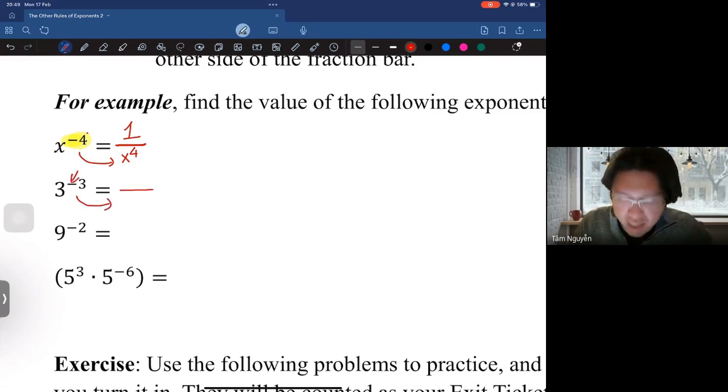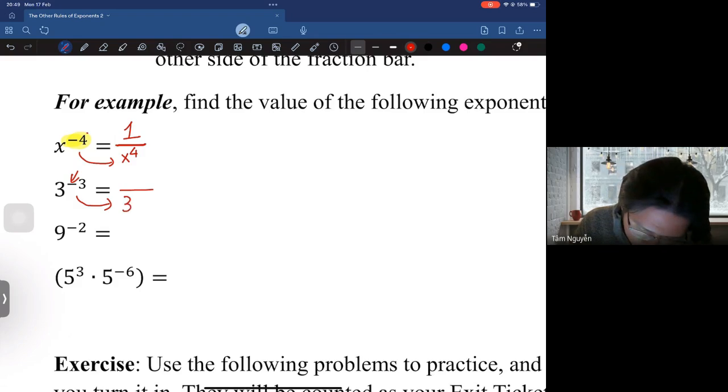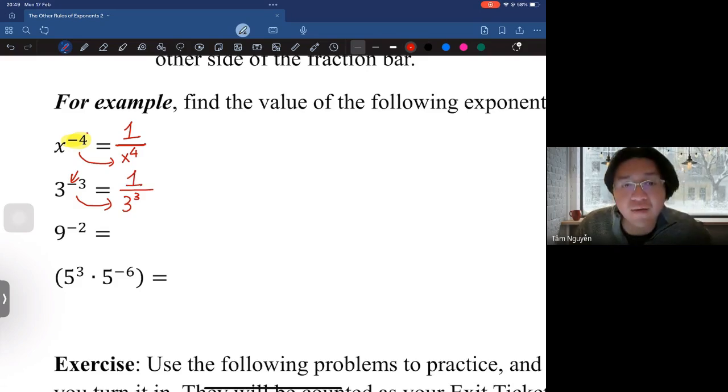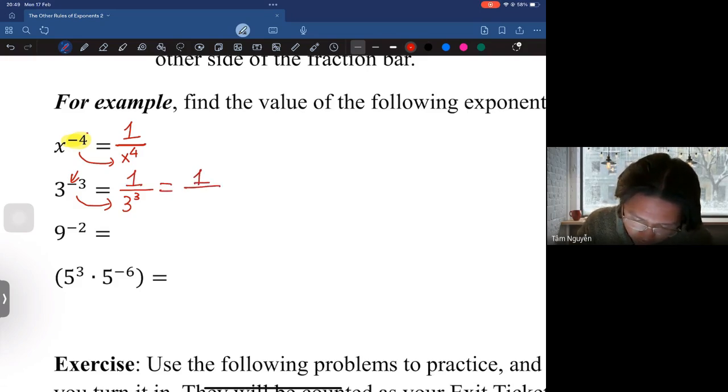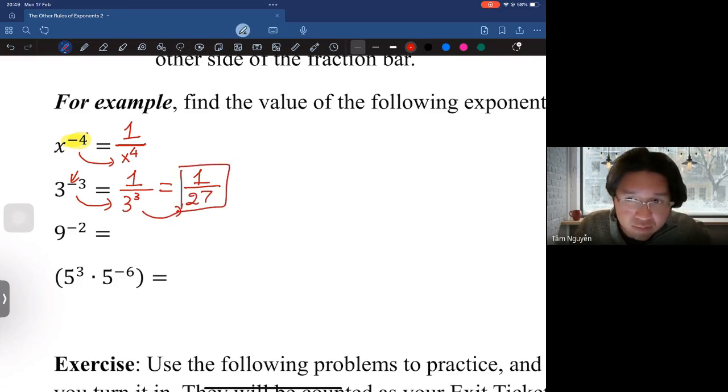Similarly, if you have a negative sign right here, put it below the line, at the bottom of the fraction. Take away the negative sign and put one on top of that. And then if you want to simplify it, fine: 3 cubed is going to give you 27.